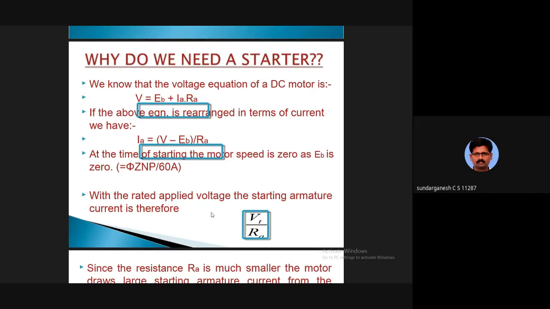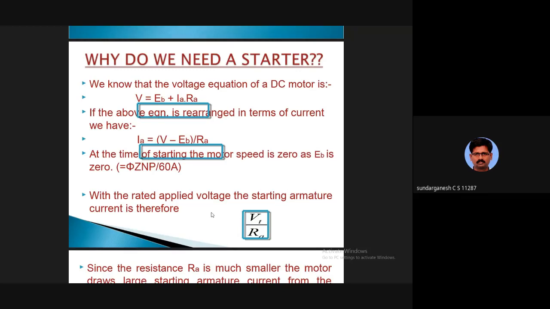When you are asked to write the voltage equation of a DC motor, you have to write V equal to EB plus IaRa. Rearranging the equation to find the current Ia, Ia equals (V minus EB) divided by Ra. During starting, the motor is not rotating, so there is no back EMF.